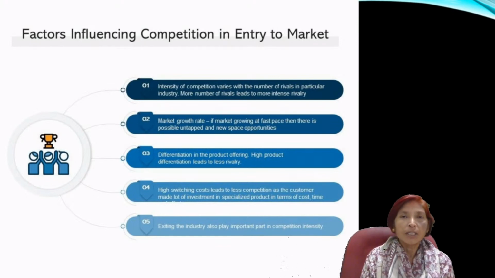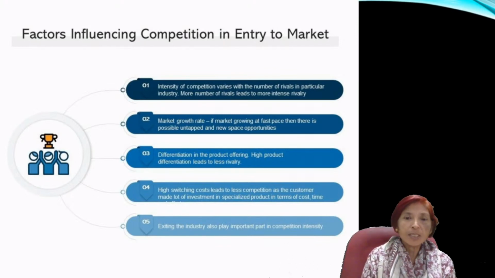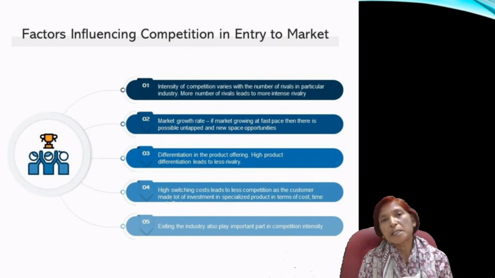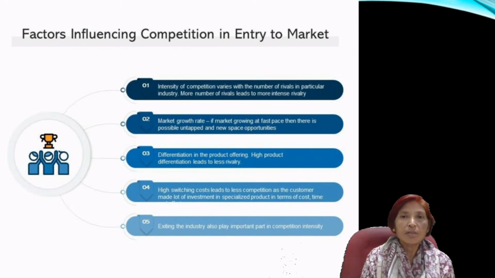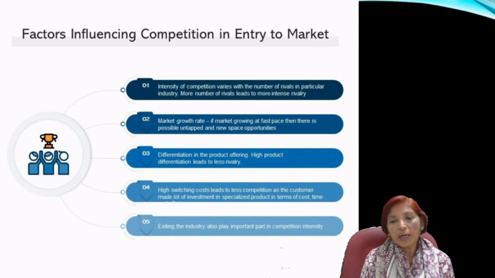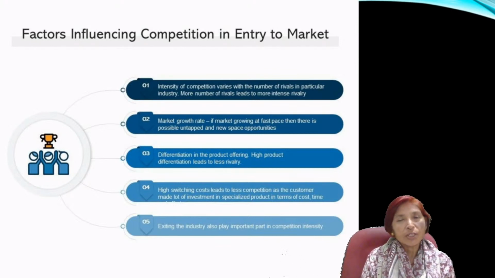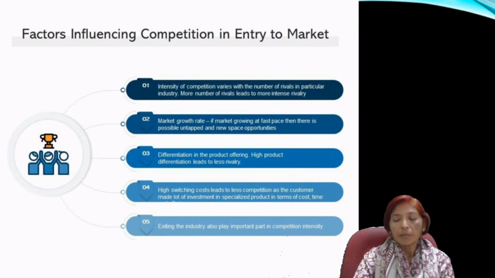High product differentiation leads to less rivalries. And next is high switching cost. High switching cost leads to less competition as the customer made lot of investment in specialized products in terms of cost and time. And next is existing the industry also play important part in competition intensity. So these are different factors which influence the competition in entry to the market.